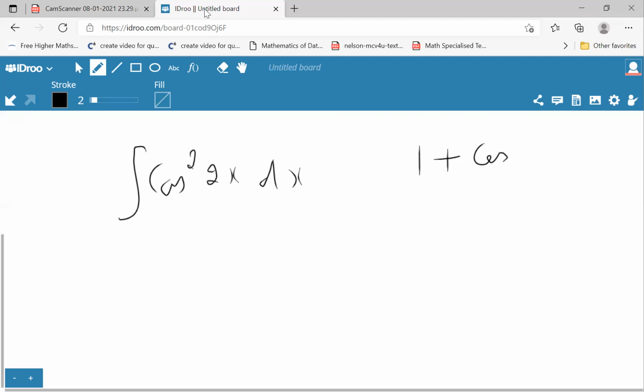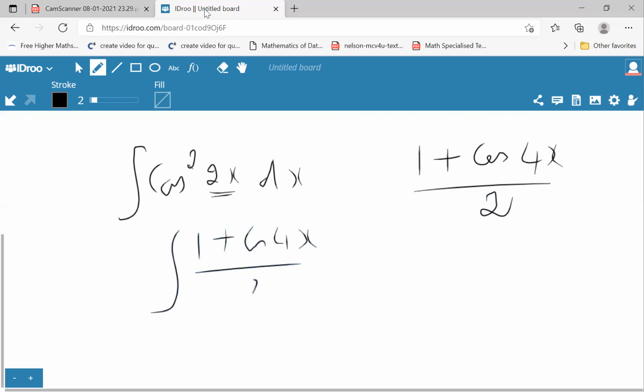Now since this is going to be 2x, cos squared 2x means this should be 1 plus cos 4x by 2. See, children, because 2 cos squared 2x minus 1 is equal to cos 4x.